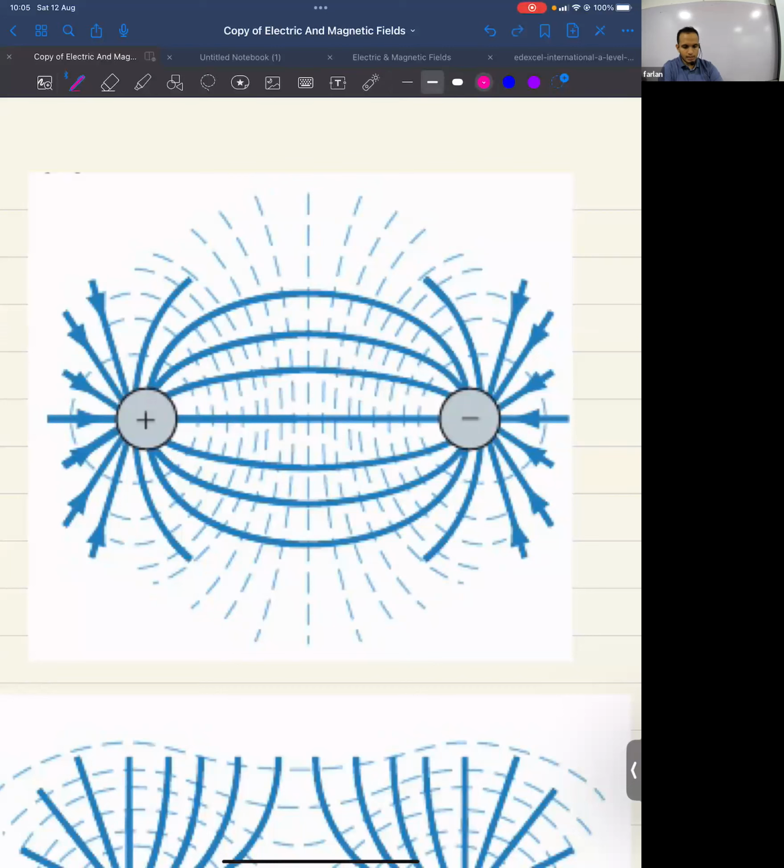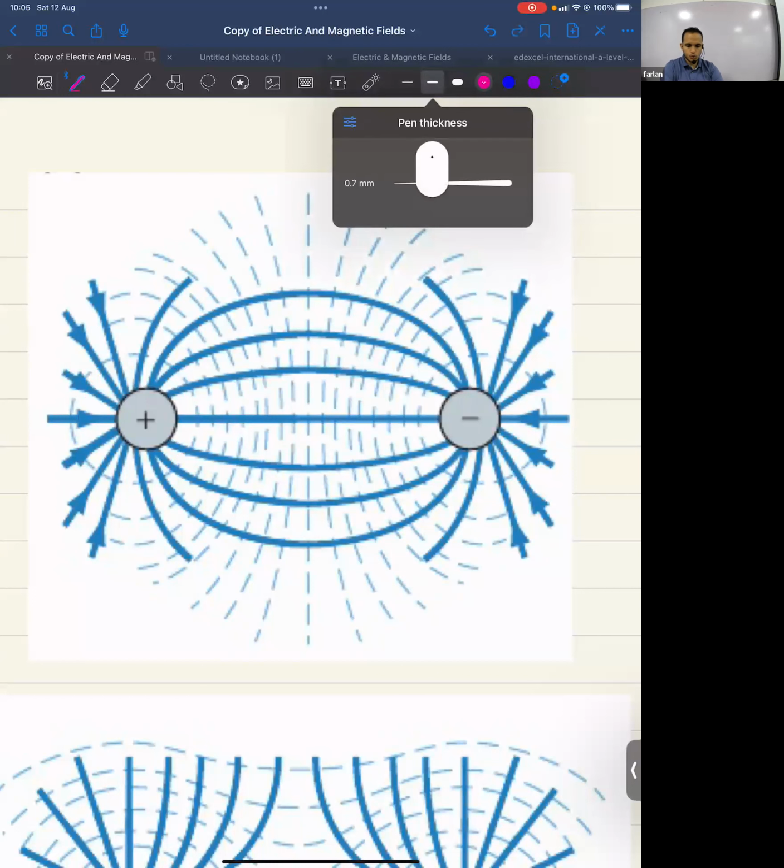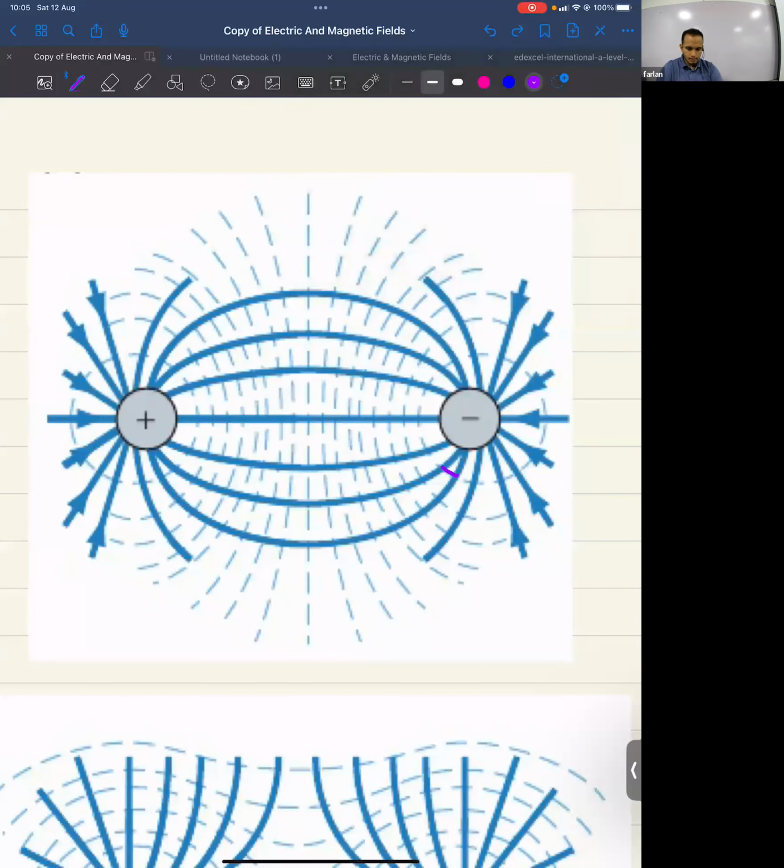The same thing applies on the other side for the negative charge. This side will be closer, this side will be away. These are the equipotential lines.